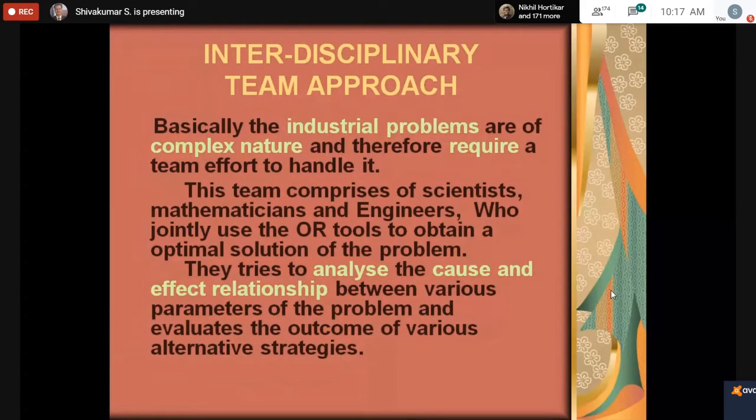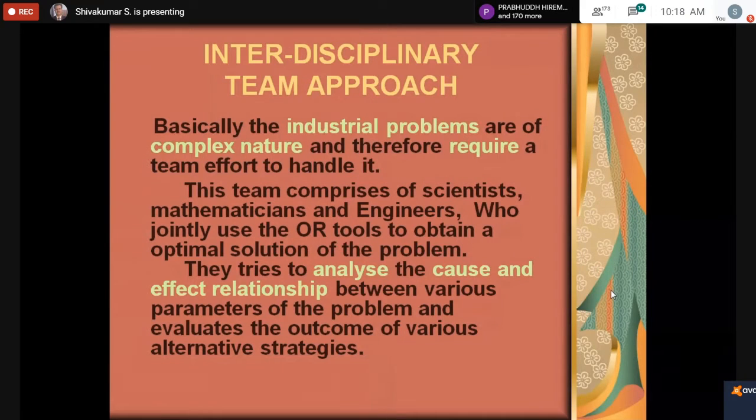So the third feature of OR is interdisciplinary team approach, because it comprises many people across various fields like scientists, mathematics, physics, chemistry, statistics, computers, engineers, likewise all the people involved to make one operational analysis. That is called OR.